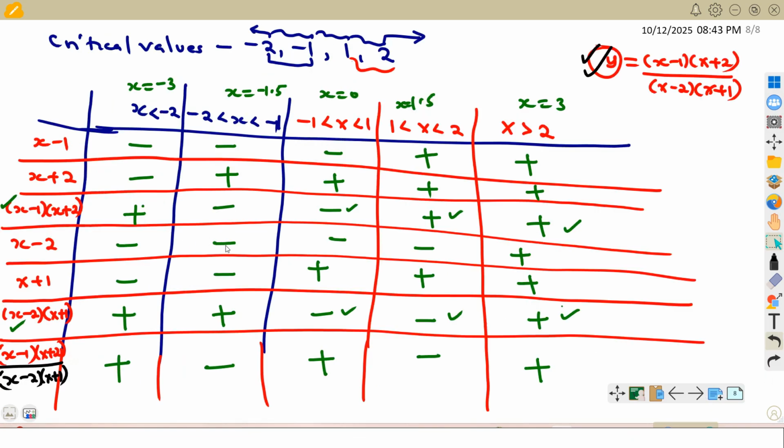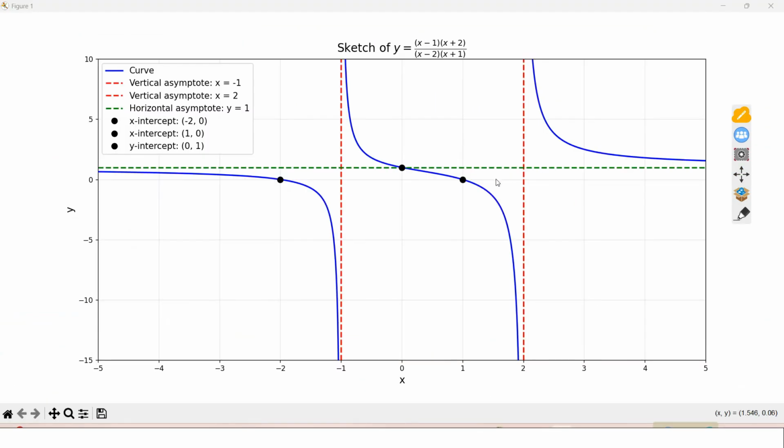Now, how shall we use these regions? We have the regions x less than negative 2, negative 2 less than x less than negative 1, negative 1 less than x less than 1, 1 less than x less than 2, and that. Since we have no turning points, we have filled in the information that we so far have. So the next thing will be to draw the curve.